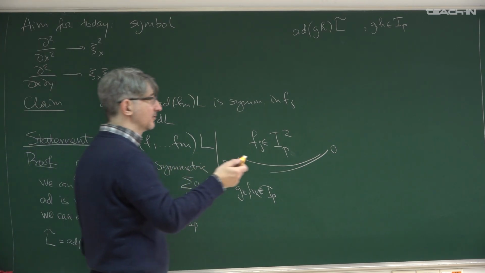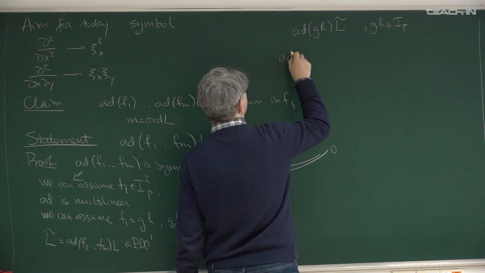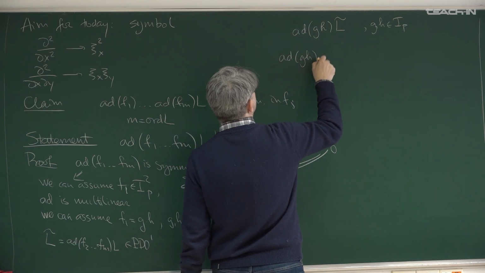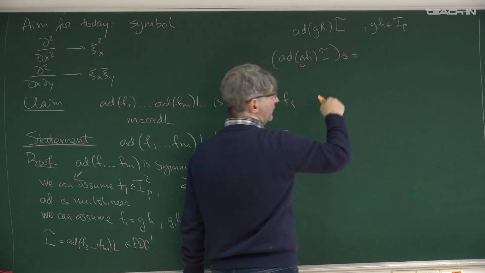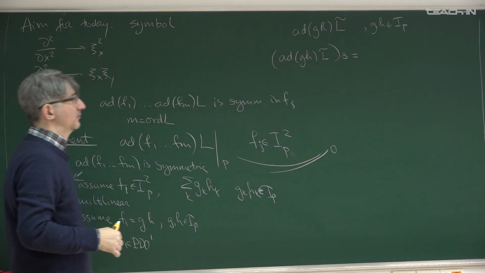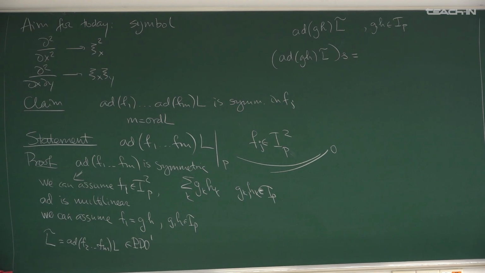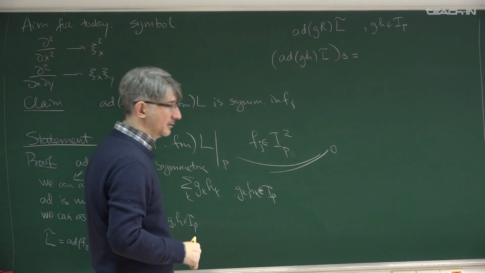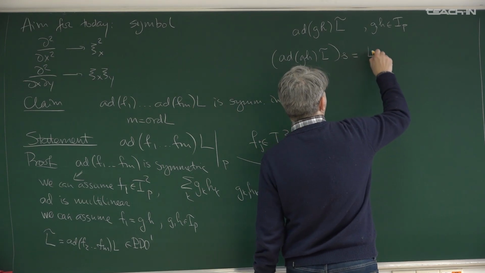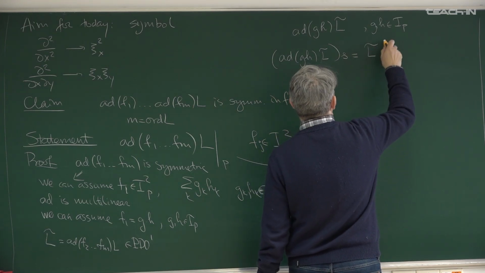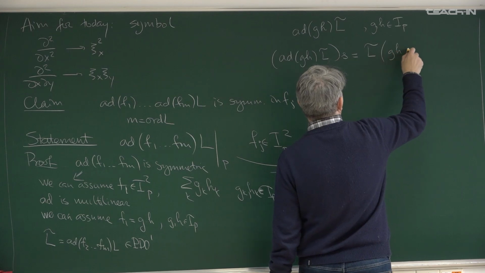We apply this guy to some section. Ad of GH applied to L tilde is an operator which acts on a section by a specific formula. Please remind me the formula. Or apply it to GHS, minus GH. Yes. Then we apply the differential operator to GHS.